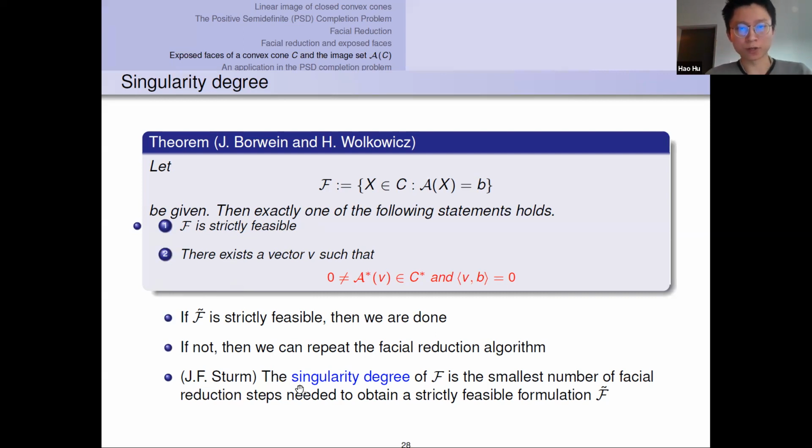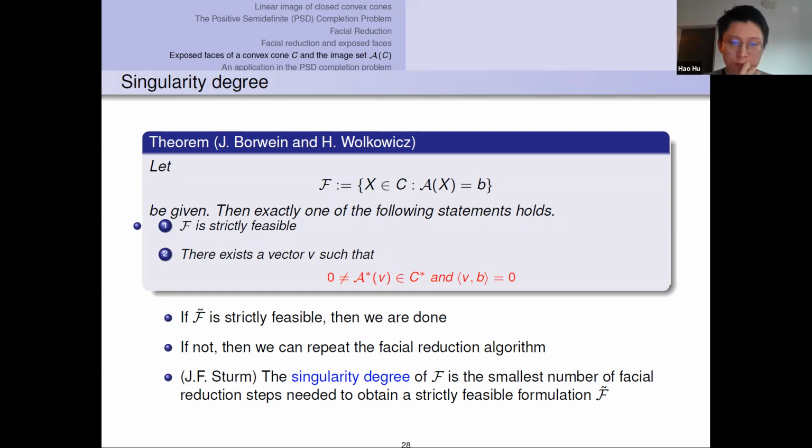Jos Sturm was the first one who realized that the number of steps, which is denoted by the singularity degree, is a very important parameter. And this parameter was studied recently by many experts in this area.